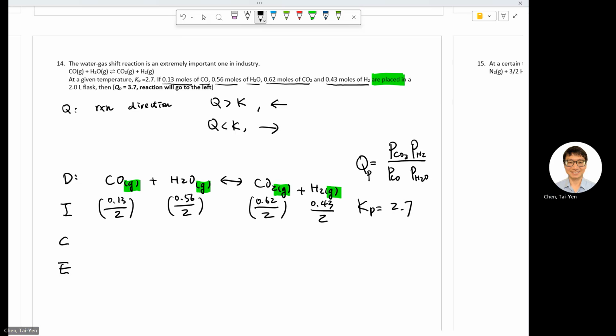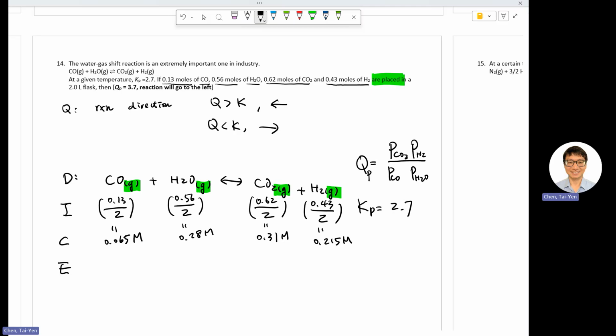So here you're going to have 0.065 M of CO, 0.28 M of H2O, 0.31 CO2, 0.215 H2. So if you look at the unit, the unit that you have is actually a concentration, right?